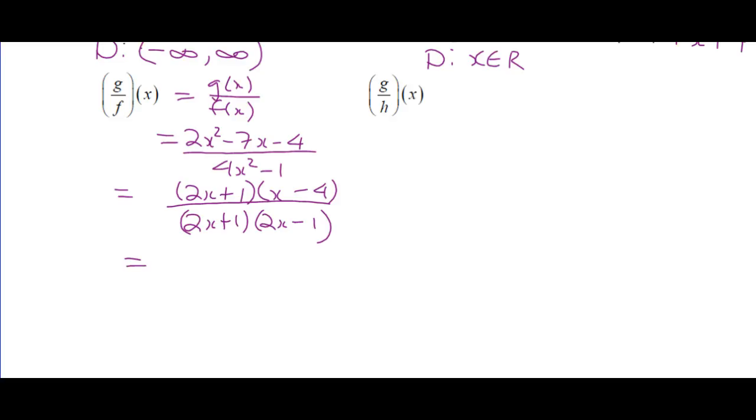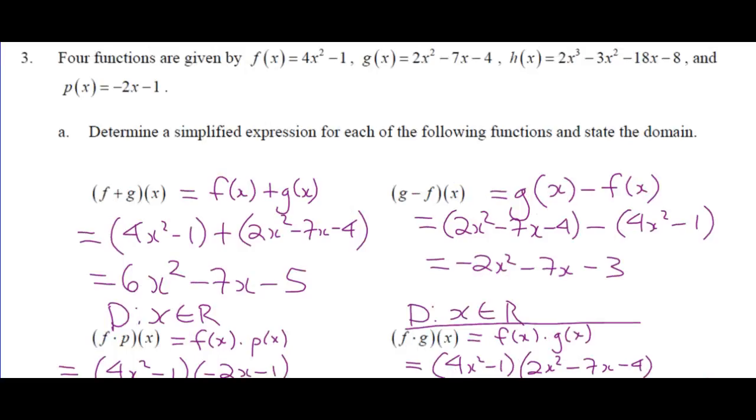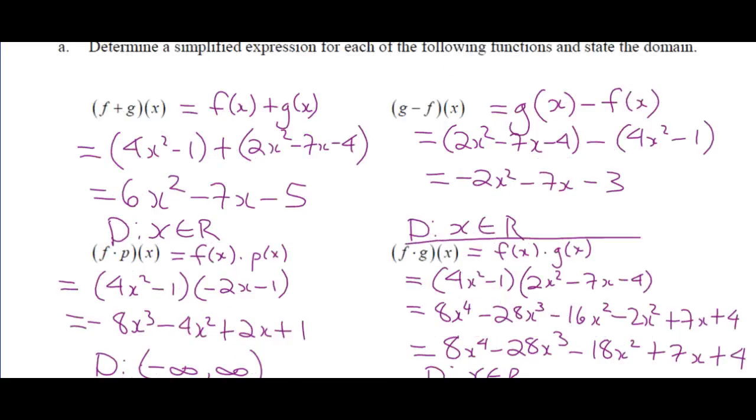Okay. Times g of x. Oh, really? 2x cubed minus 3x squared minus.